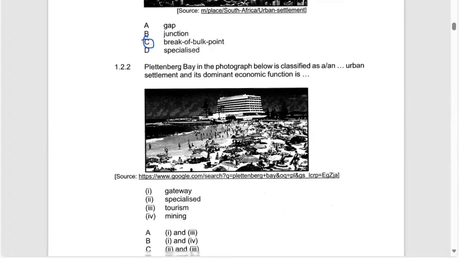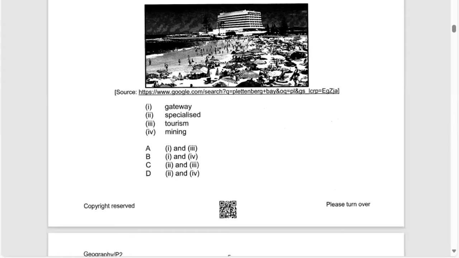So basically that qualifies it as being located in a throughway of the Tsitsikamma Mountain. Then it qualifies to be a gateway town, and it is typically a tourism town, not a mining town. So if we check those two, we can safely say that our response is A.